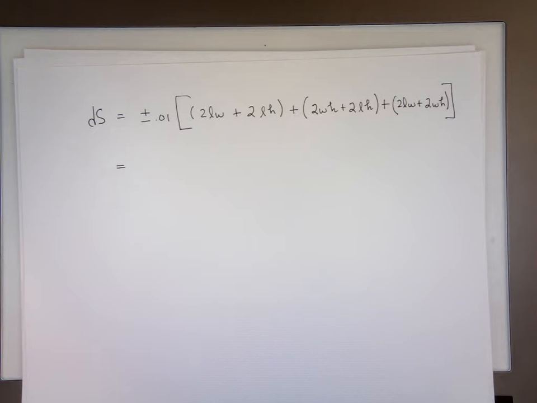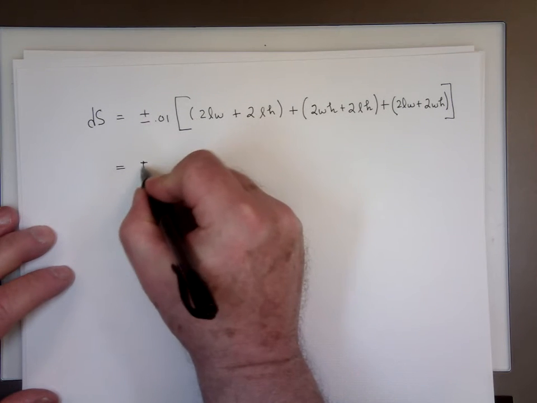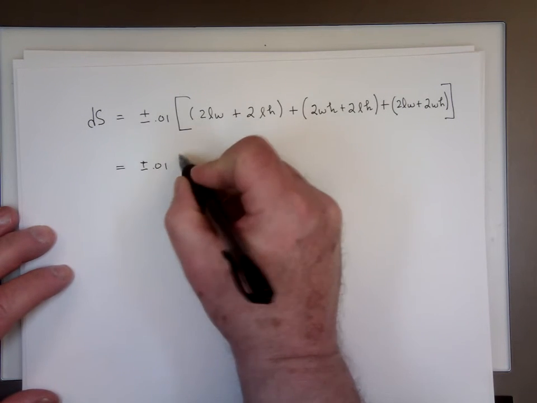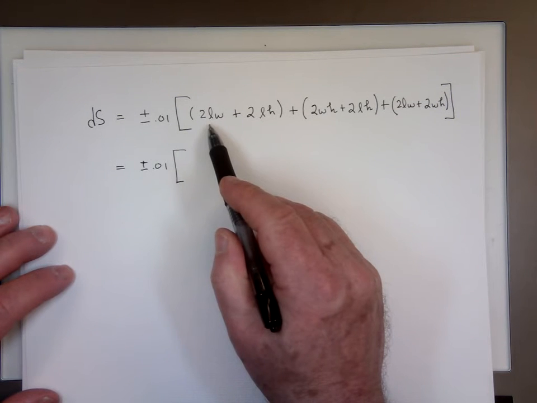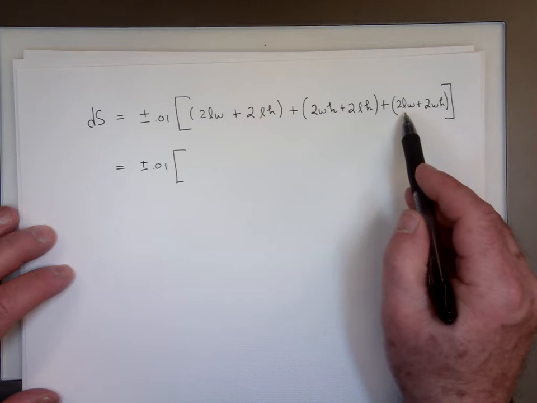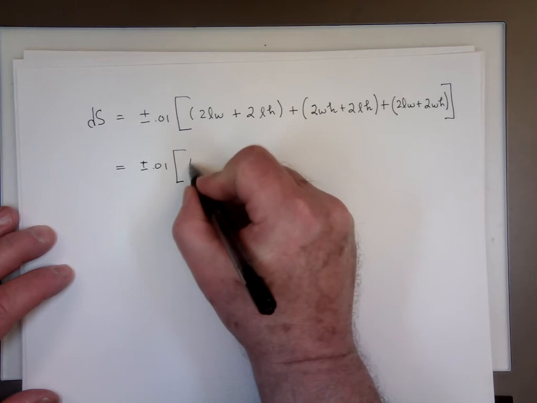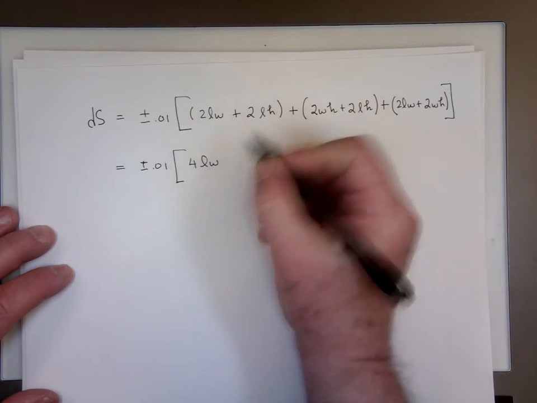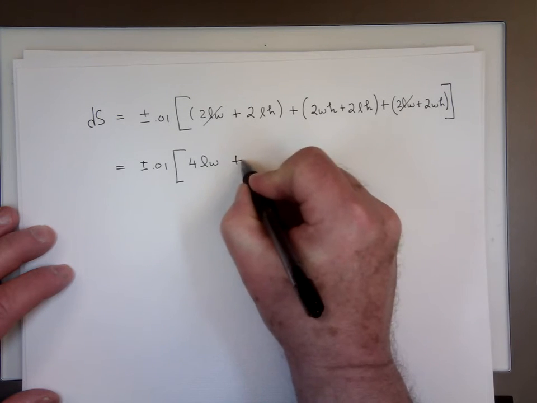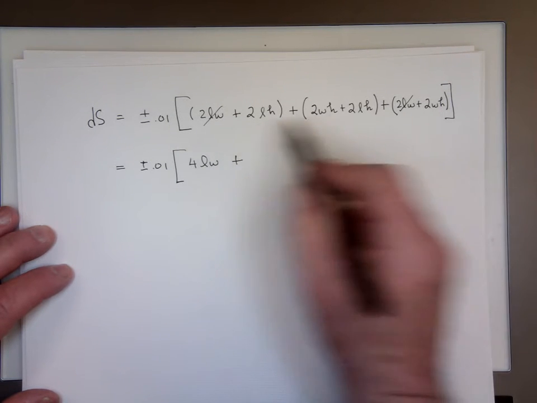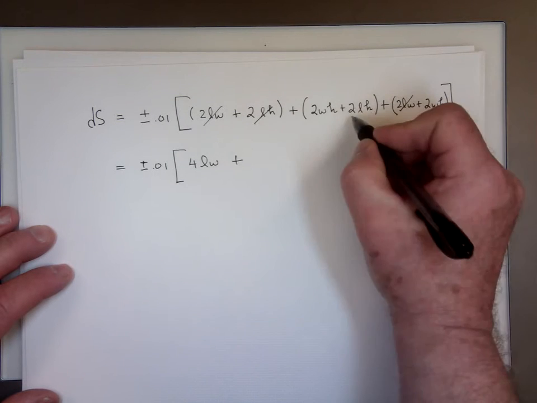Okay. Now, let's combine all these. I have 2 LWs and 2 more LWs. I have 4 LWs. Plus, I have 2 LHs, 2 more LHs. I have 4 LHs.